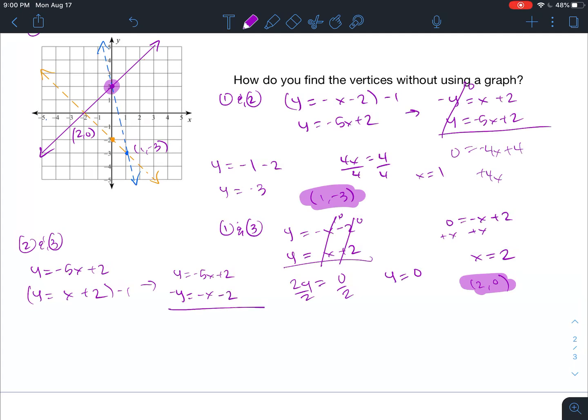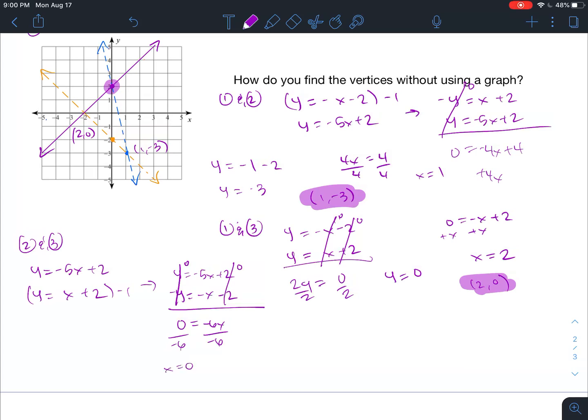Now we can add, get rid of the y's, so that's 0 is equal to, well, it's going to be -6x, and those are going to cancel out, so that's 0. So if -6x is equal to 0, divide by -6, divide by -6, well, that's just going to be 0.